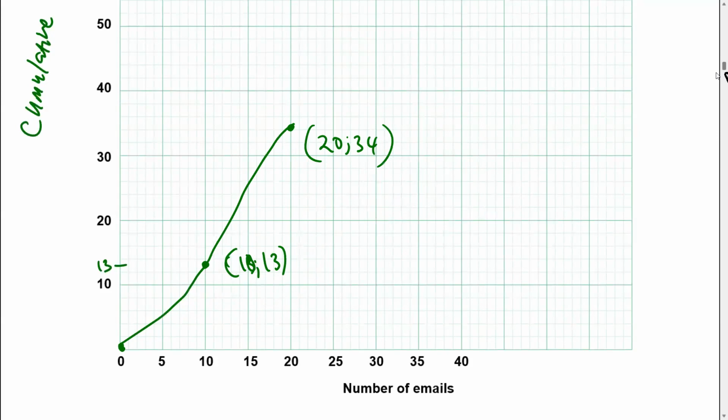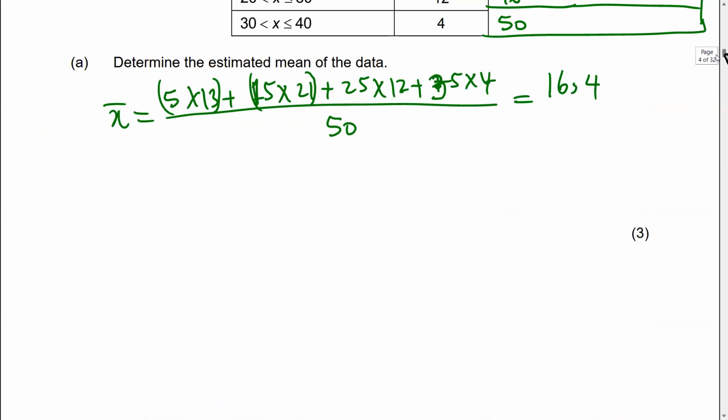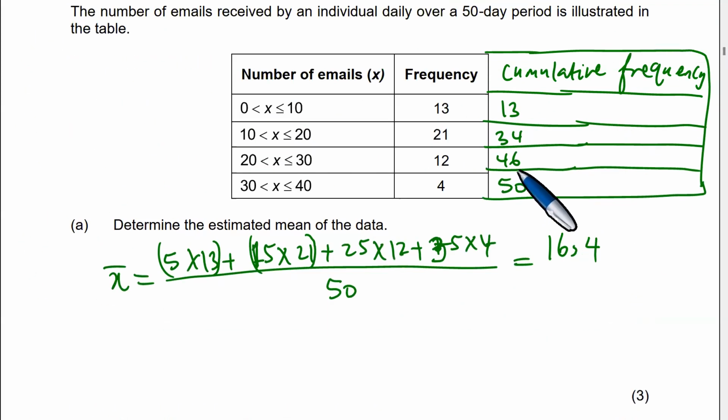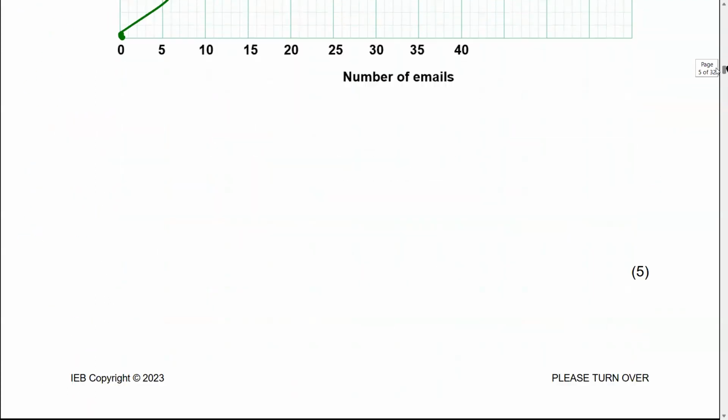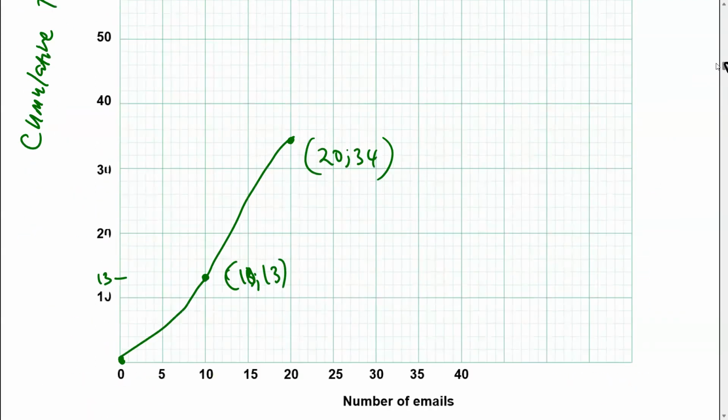Next, let's just go back quickly. So 30 goes with 46. So 30 goes with 46. Next.